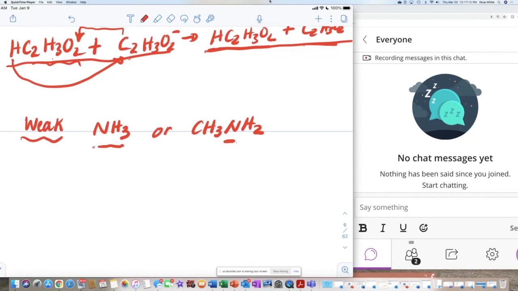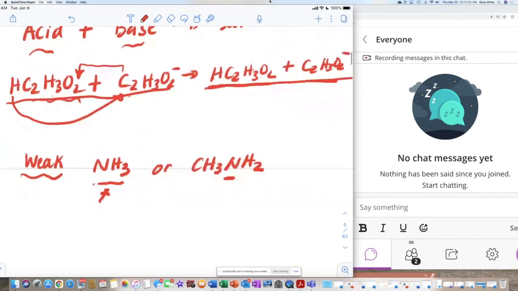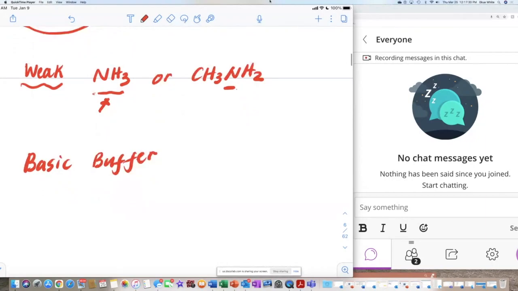Okay. So I'm going to pick this one here. This is the most common base in 1412, NH3. So if you're dealing with a weak base and its conjugate acid, we're going to make a basic buffer. In the case of a basic buffer, the combination you have to use here is a weak base, so I'm going to use NH3, and the conjugate acid of the weak base.